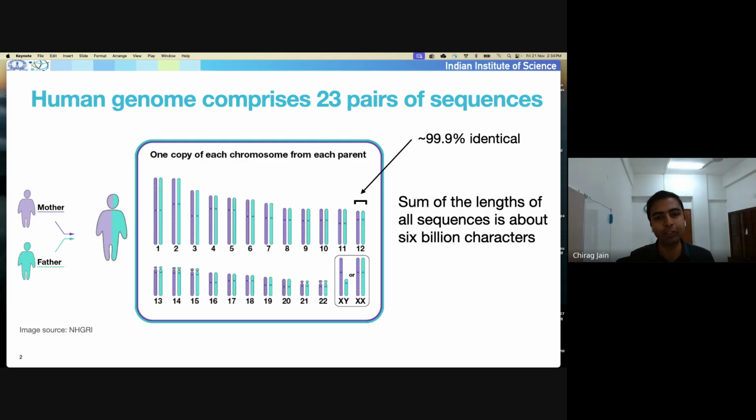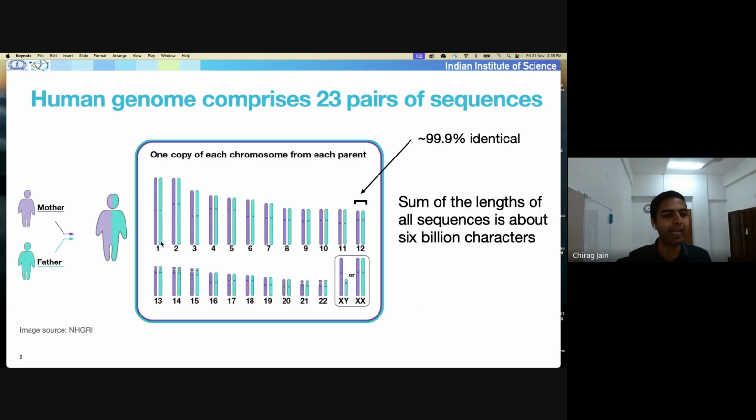We have 23 pairs of sequences. If you can see my mouse, there are two copies of chromosome one, two copies of chromosome two, two copies of chromosome three, and so on.